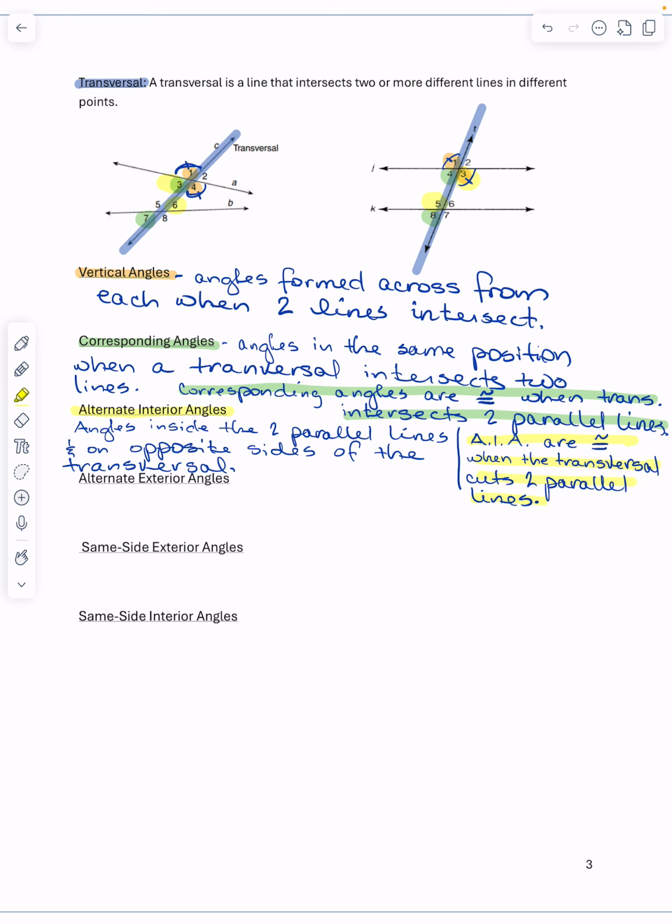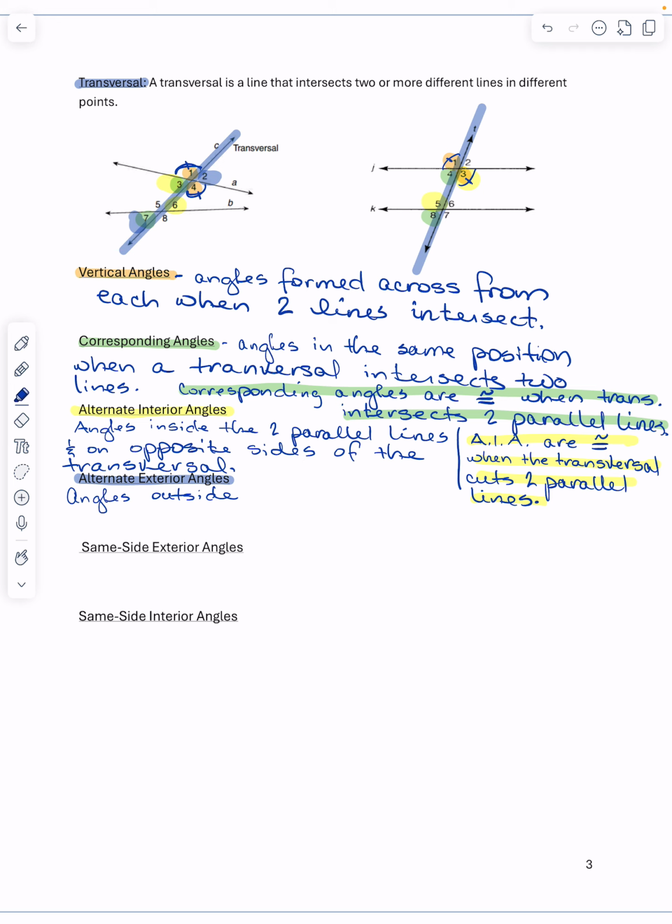Again, with our not parallel lines, these are still alternate interior angles. We just can't say anything about the size of them. Alternate exterior angles, same thing as what we have above. So these are angles outside. I guess I should highlight. Let's see. Alternate exterior. So 2 and 7 are alternate exterior angles.